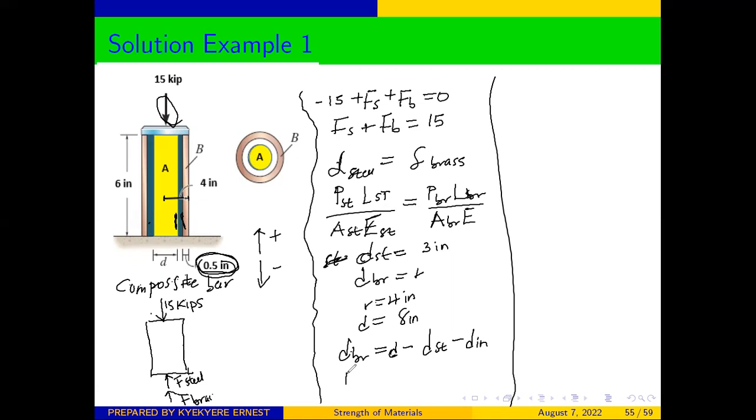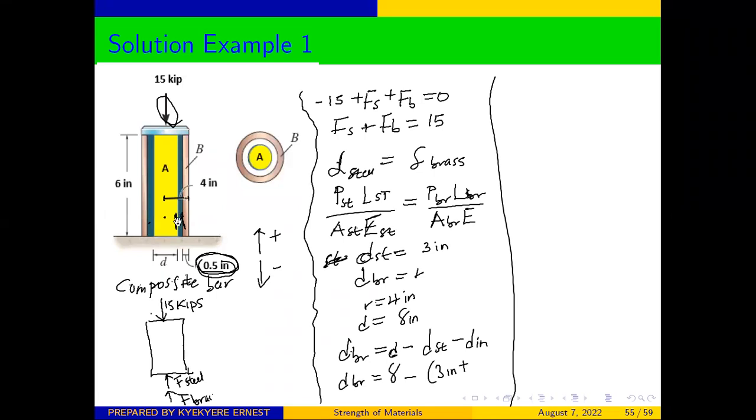From there, we can say that the diameter of the brass should be equal to the total diameter minus the diameter of the steel, which we are told is 3 inches, plus the diameter of the insulation medium. So the insulation is from this point to that point.